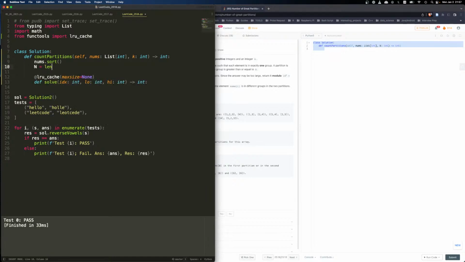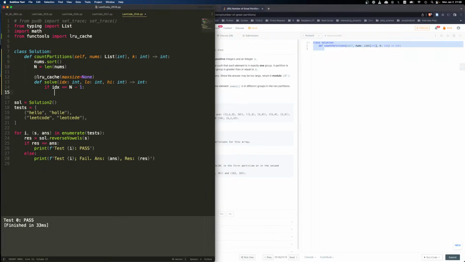So the edge case is going to be if index is equal to n minus 1. Right, and say return int low smaller equal to nums index smaller equal to high. Right, this is the last one.